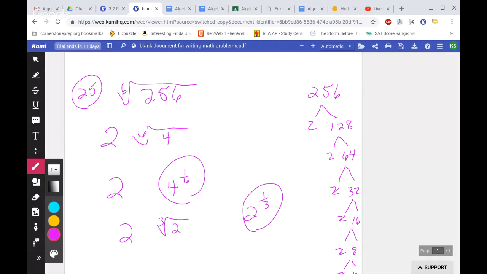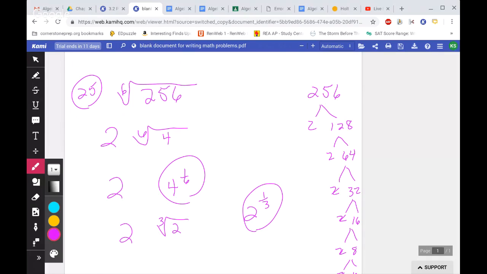Okay, so how do you get from 2 times 4 to the 1/6 to 2 times the cube root of 2? I don't know how to describe it because I can't point, but how do you get that?